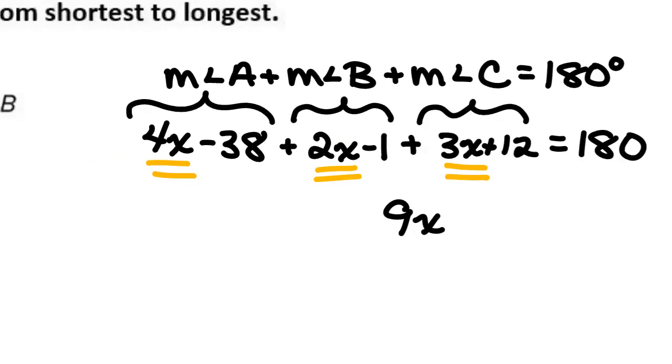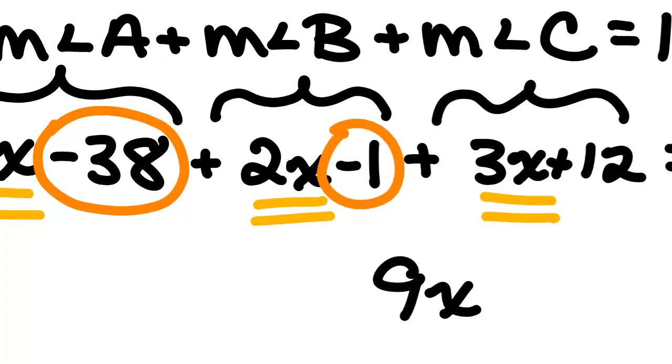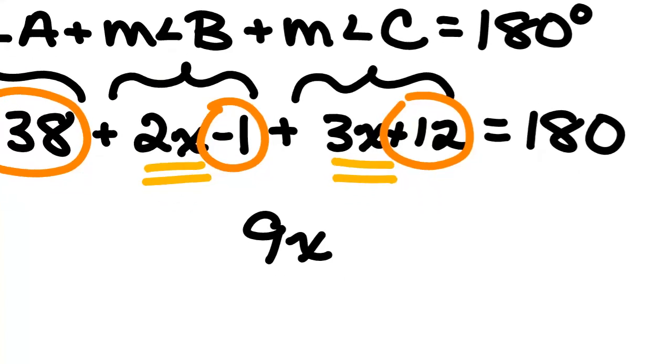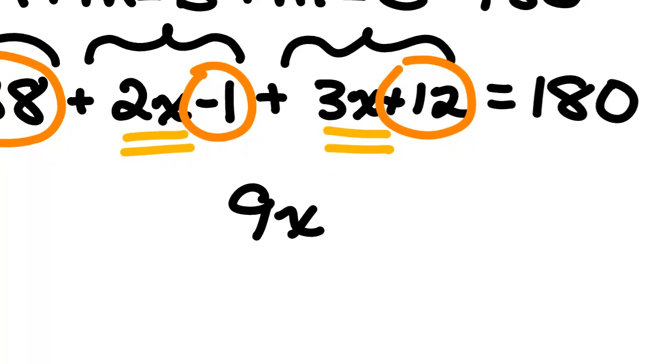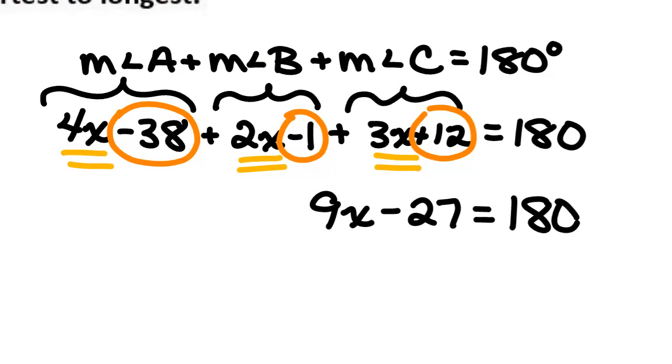And now I have to add my constants together: negative 38 minus 1 plus 12. What is that? Negative 27. So 9x minus 27 equals 180.